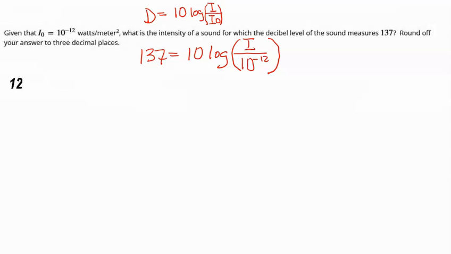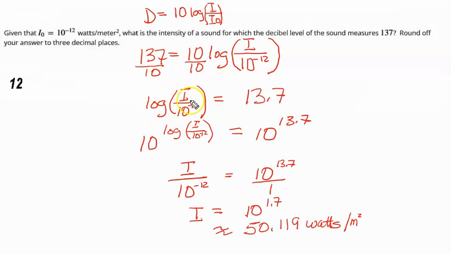And now, what would our next step be? Well, we could do a little algebra here and divide this side by 10 and this side by 10. And I'm going to now rewrite it as log I over 10 to the negative 12 equals, converting this to its exponential form, which would be 10 to this power.